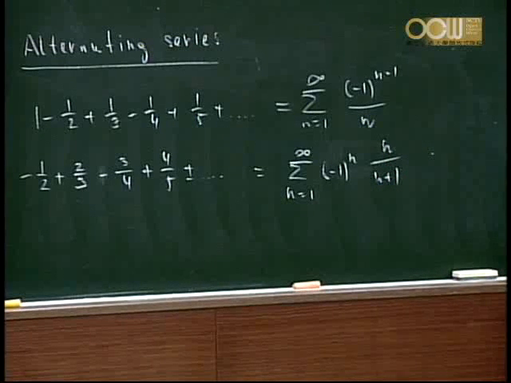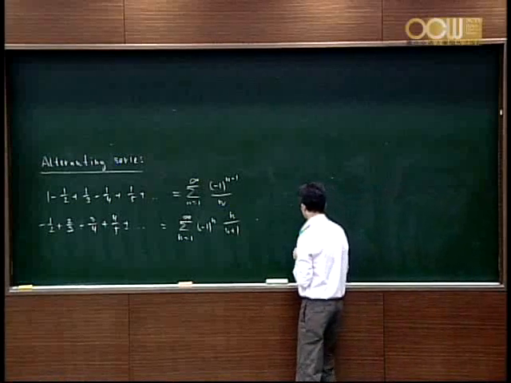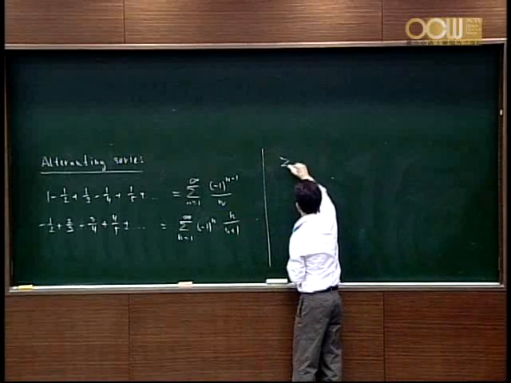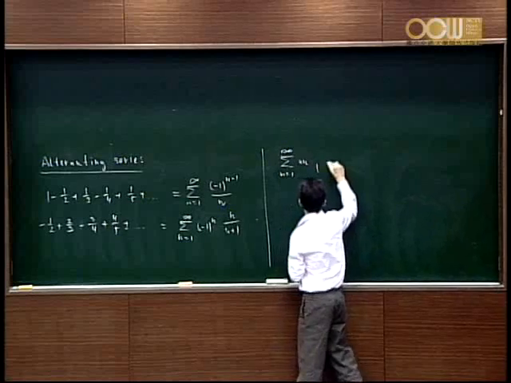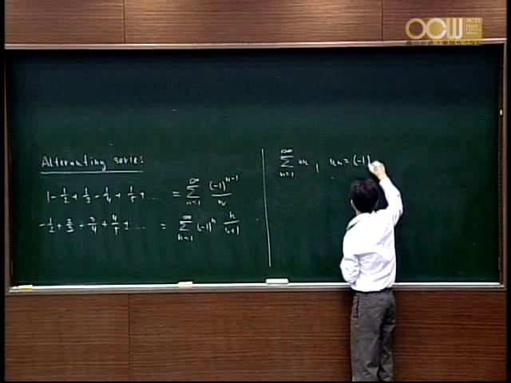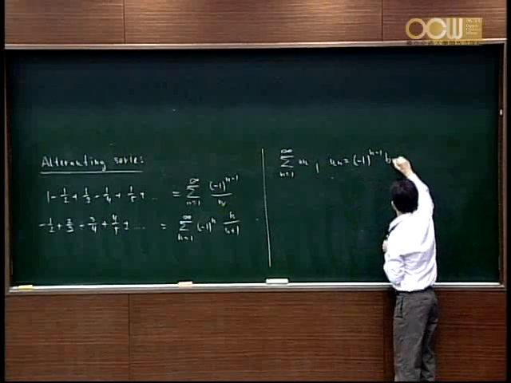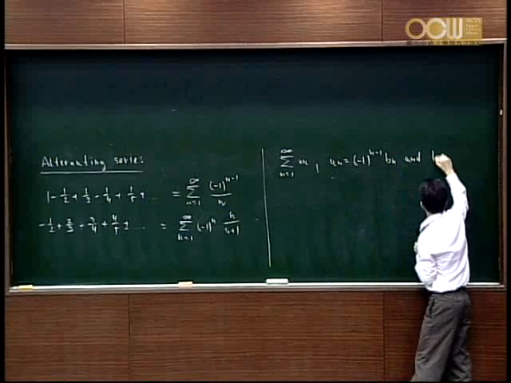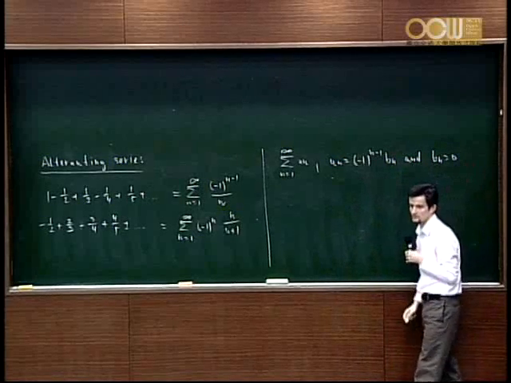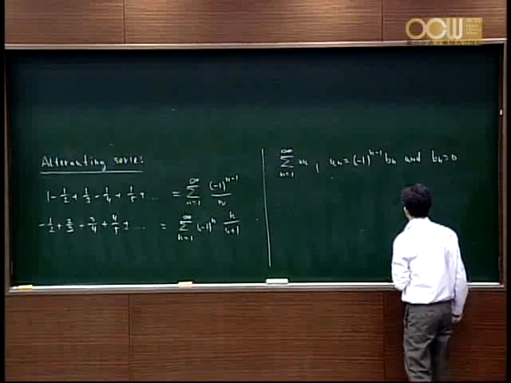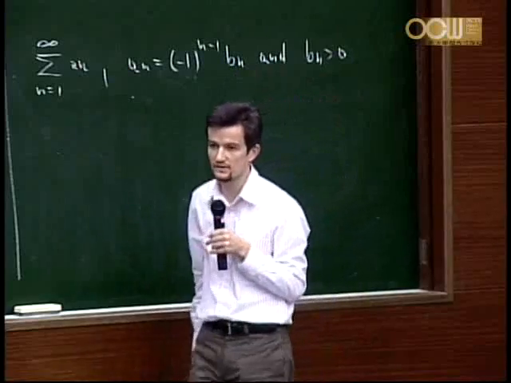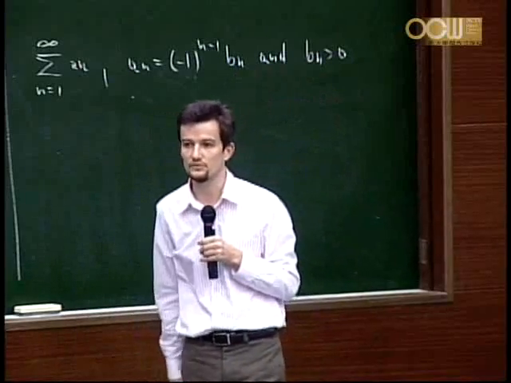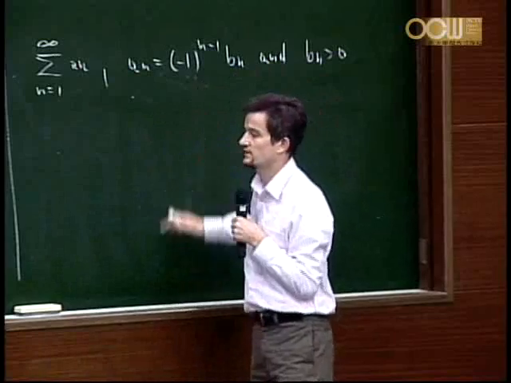Now, given such an alternating series, where an is minus 1 to the n minus 1 bn, and bn larger than 0, or where an is equal to minus 1 to the n bn, and bn is larger than 0, this is the same situation. You just take out the minus and you arrive at this case here.